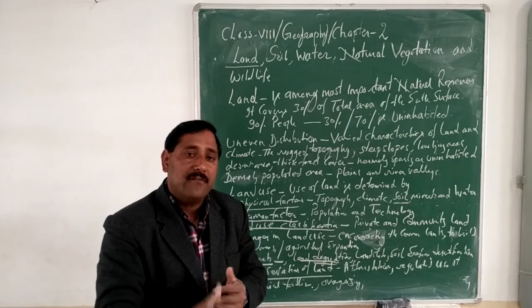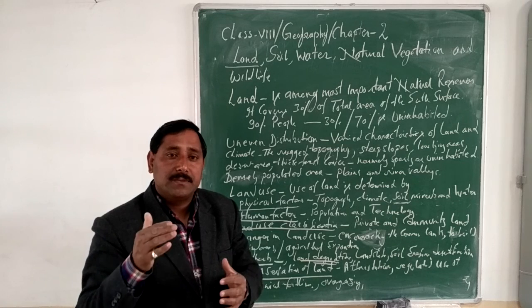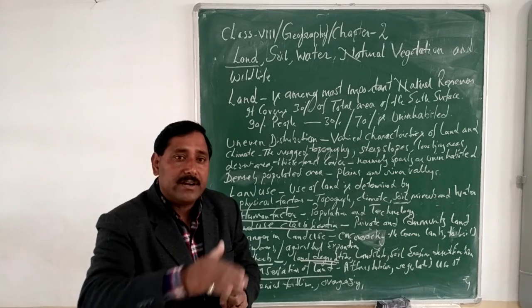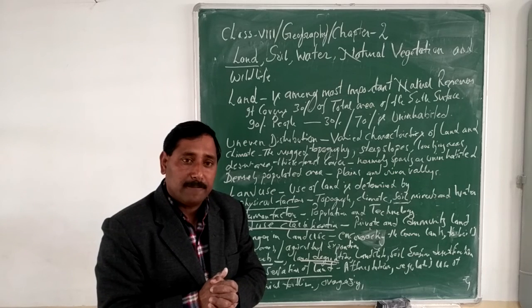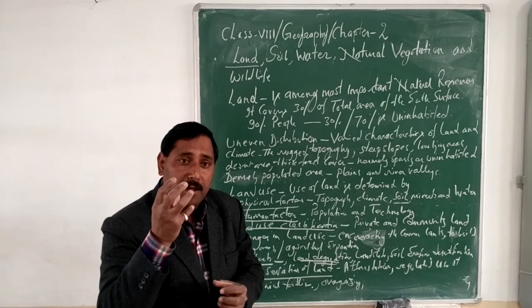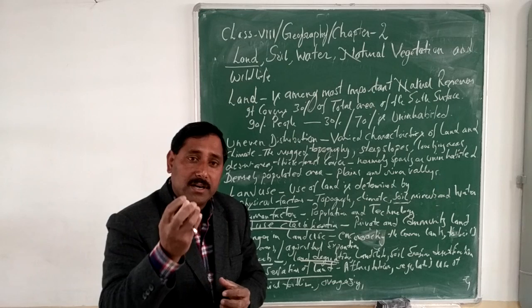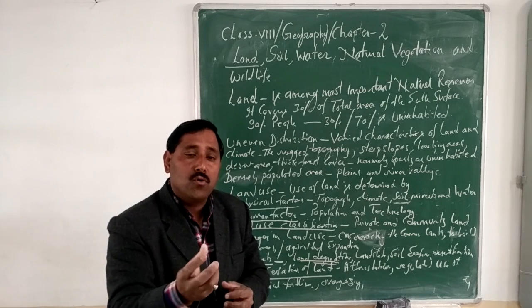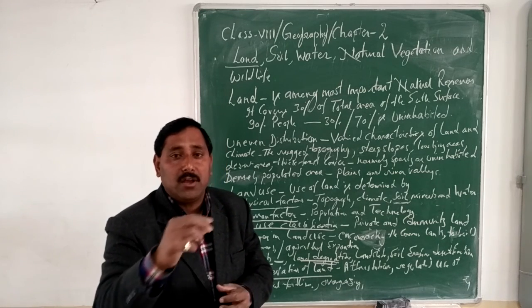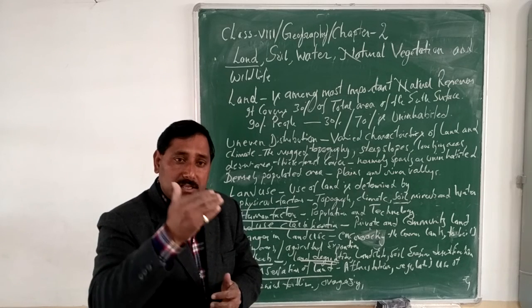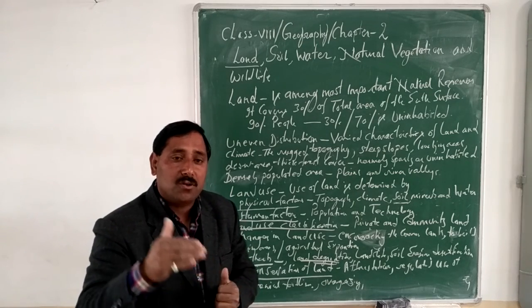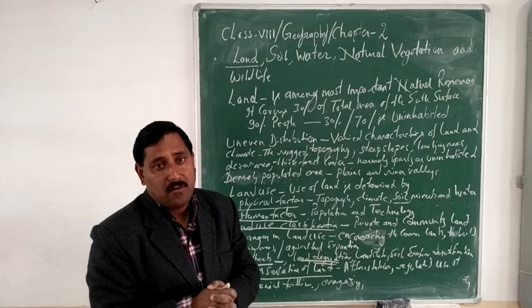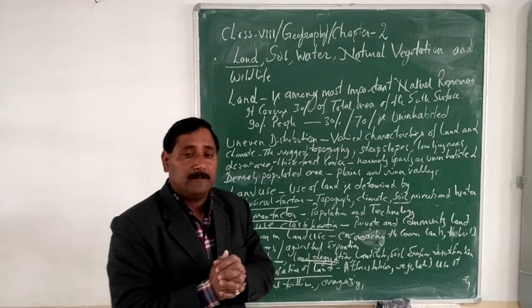When it becomes unfit for cultivation, that is desertification. When it is converting slowly into arid soil, that is desertification. That piece of land which was earlier very fertile, due to physical and human activity, is now converting into arid soil. That process is known as desertification, when it becomes unfit for cultivation.